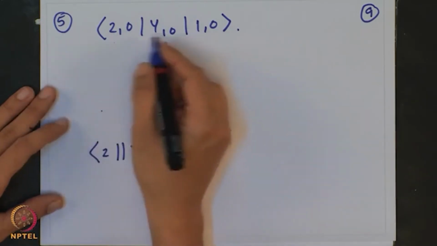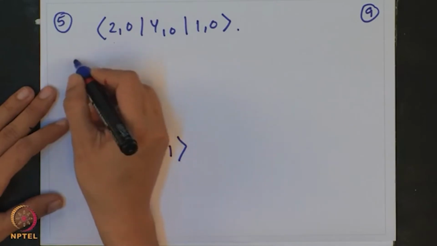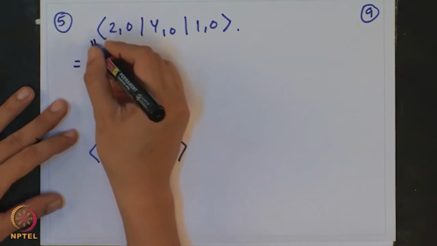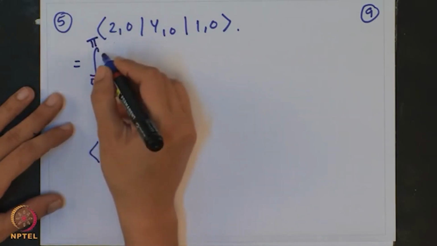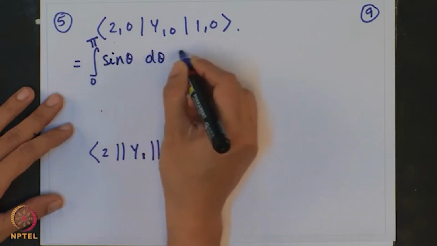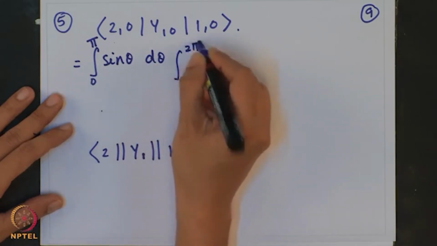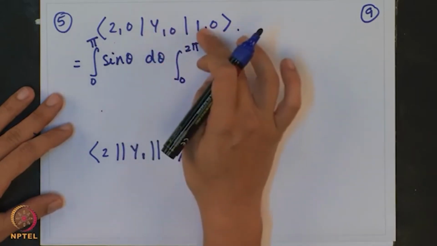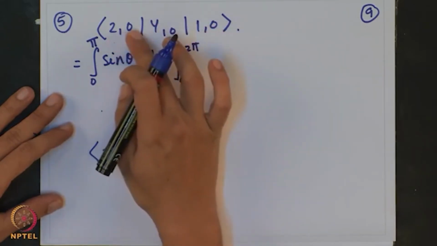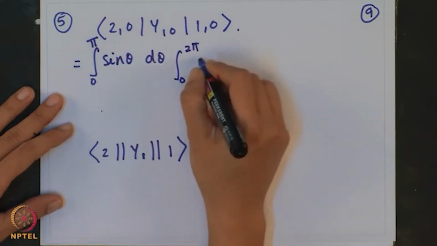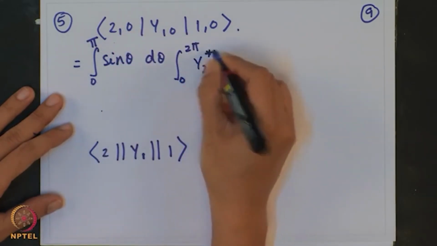If I want to write this in terms of an integral, this will be the integral from 0 to pi of sin theta d theta, and the integral from 0 to 2 pi, of Y 2 0 star, Y 1 0, and Y 1 0.